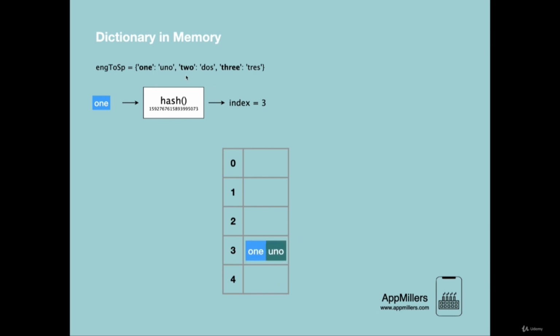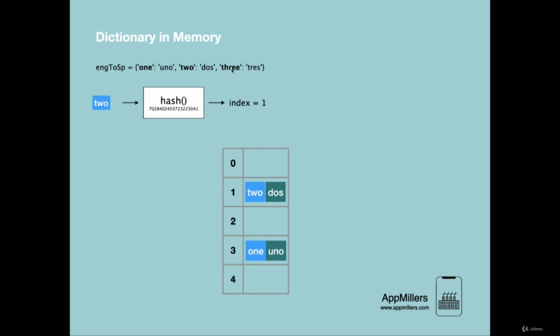Then it will continue to the next pair. The next pair's index will be calculated based on the key over here, which is 2. For 2, again the hash function will take 2 as a parameter, then calculate this value, and based on this value, it will give us the index. For this pair over here, the index is 1. So these pairs are stored at the index of 1 of this array.